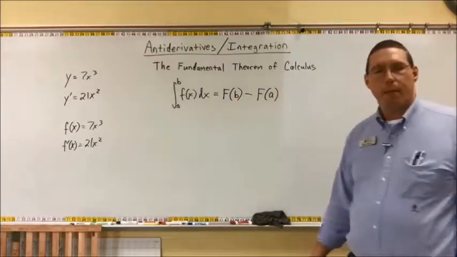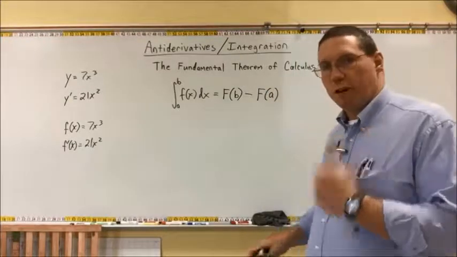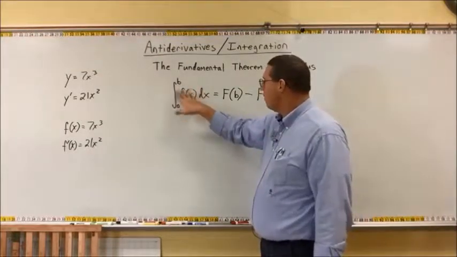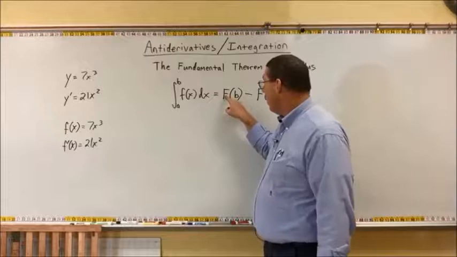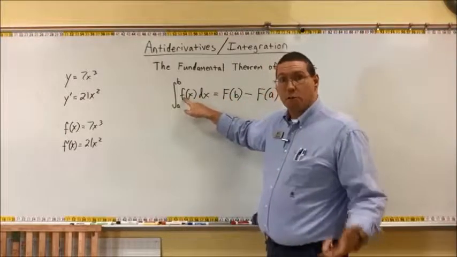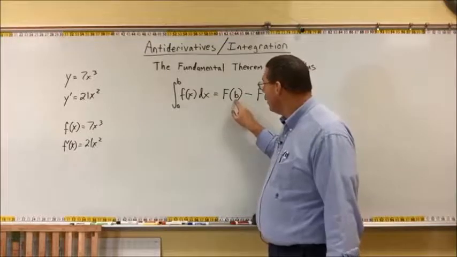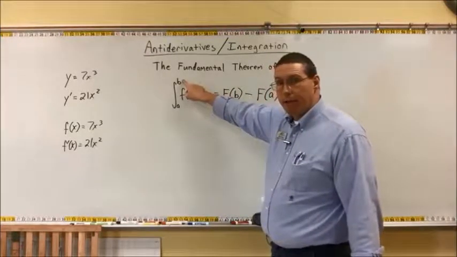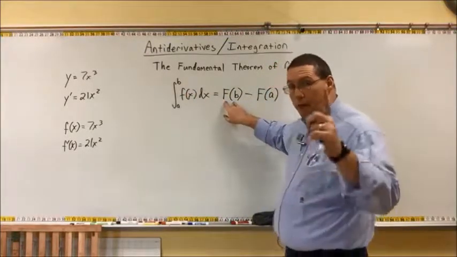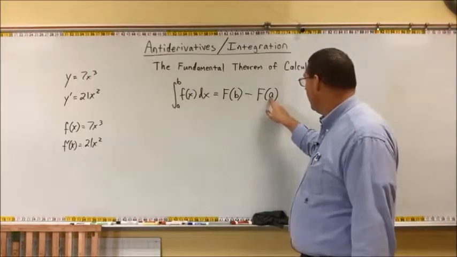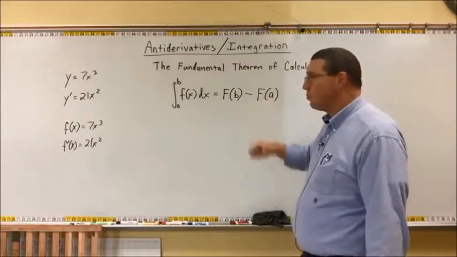That's it. Now let me show you what this means. The fundamental theorem of calculus says that the way that you solve this is, capital F is the antiderivative of f. So you find the antiderivative, then plug in the upper limit of integration, get a number, then plug in the lower limit of integration, get a number, and then subtract.